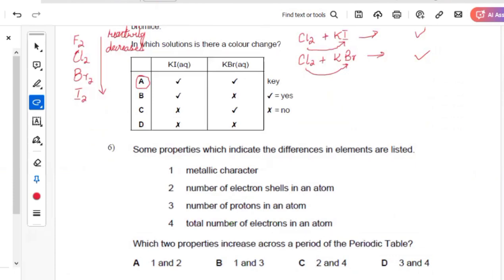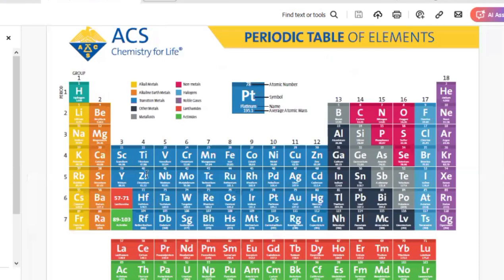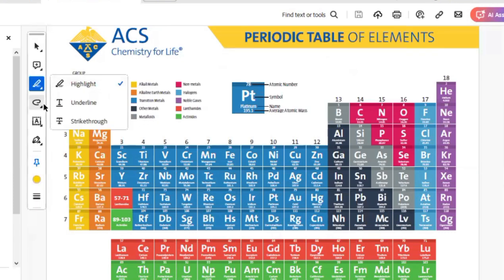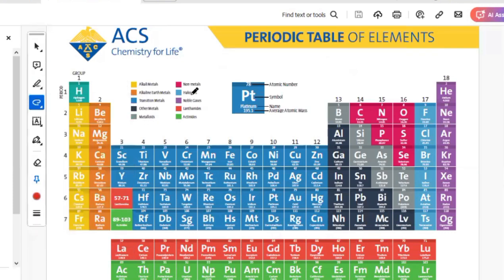As I have told you earlier, metallic properties decrease when we move from left to right. So from left to right, non-metallic properties increase.